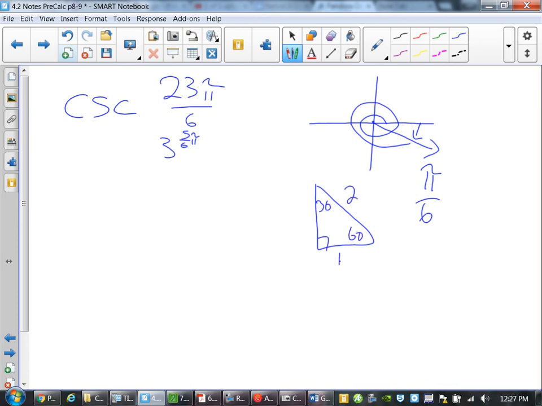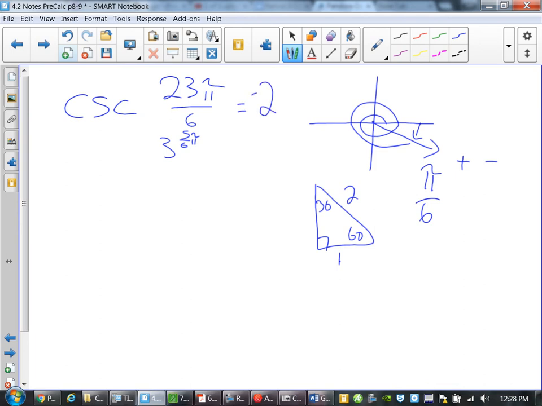What's the cosecant of 30? 2. Now is cosecant going to be positive or negative in the fourth quadrant? Negative, very good. It's negative down here. If sine is negative, cosecant's negative, so your answer is negative 2.